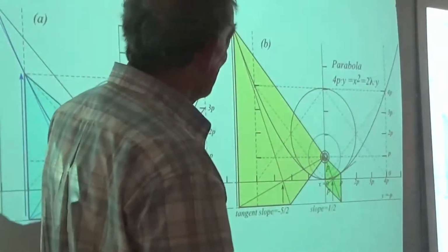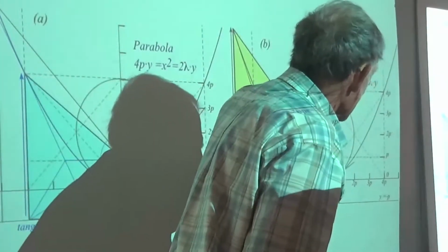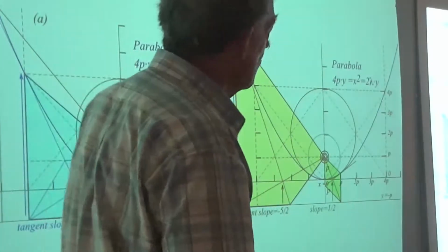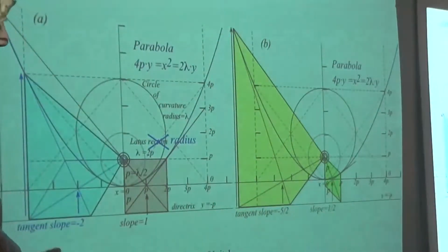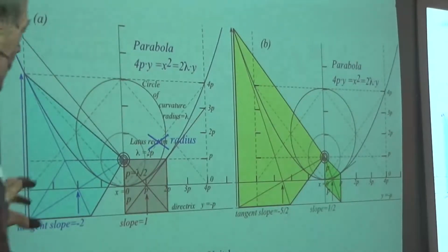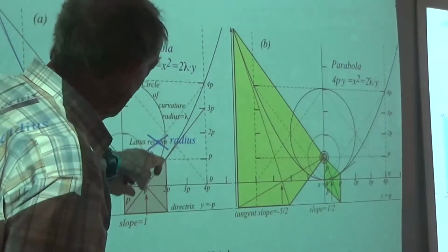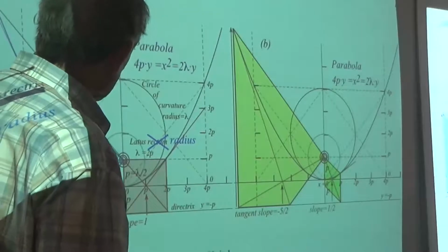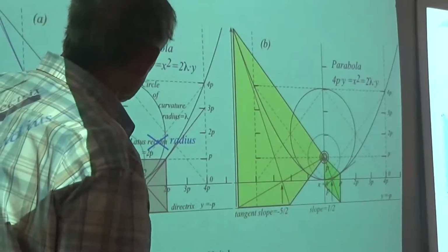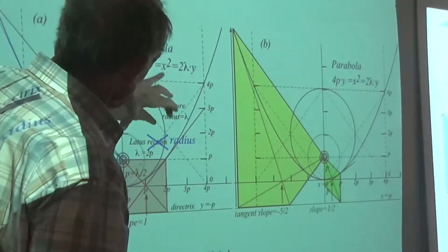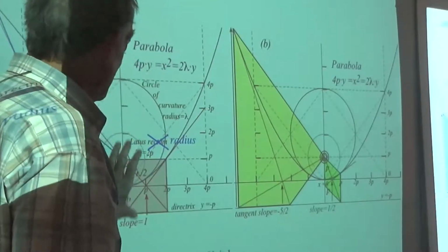There's a box kite, but that's a very special case. That's more like what you get when you're inside. It's kind of a little rhombus, a rhomboid kite. Okay? Well, there's a couple of points to notice here. Also notice that the circle of curvature is that circle right there, and its radius is also the latus radius. That's kind of neat.